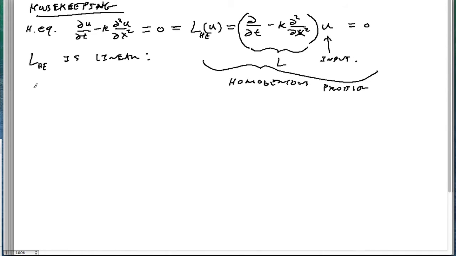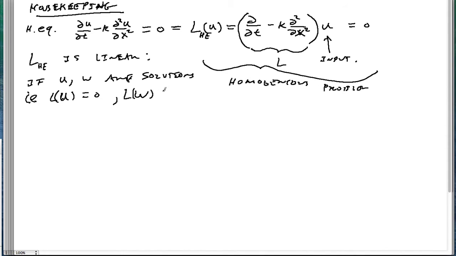What makes it linear is if U and W are solutions, i.e. LU is equal to 0 and LW is equal to 0, then C1 U plus C2 W is also a solution.